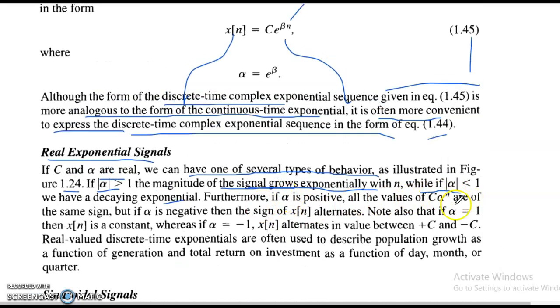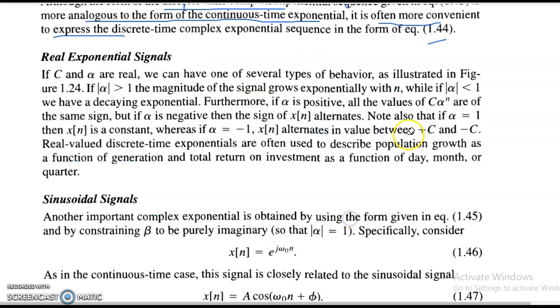Furthermore, if alpha is positive, all the values of c alpha to the power n are of the same sign. But if alpha is negative, then the sign of x of n alternates.